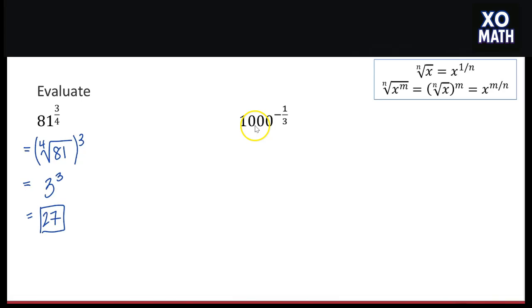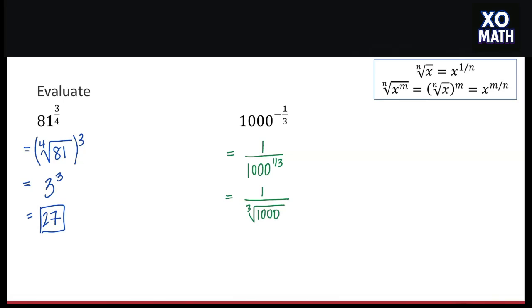And this example here has 1,000 to the negative 1/3. Well, to deal with the negative exponent, we bring that number raised to the negative exponent to the other side of the fraction bar, and then it becomes a positive exponent. So now we don't have a negative exponent. We have 1 over 1,000 to the 1/3, which is 1 over the cube root of 1,000.